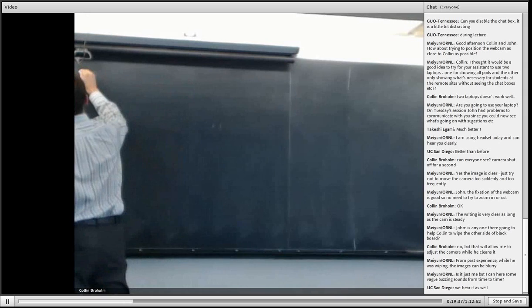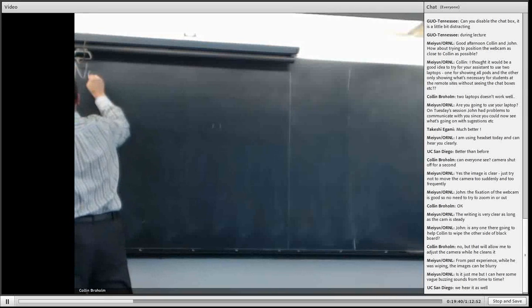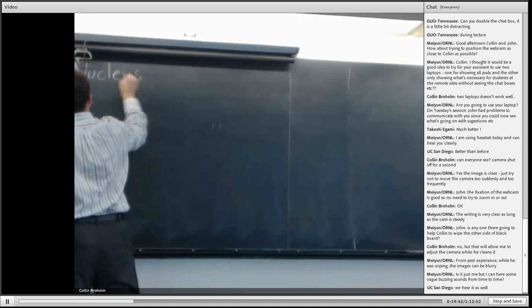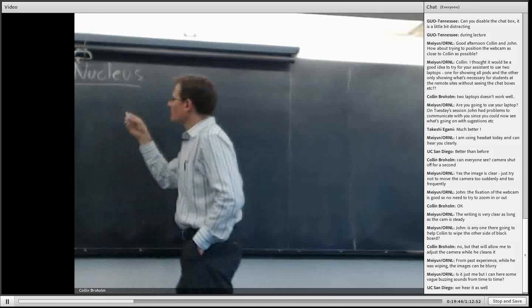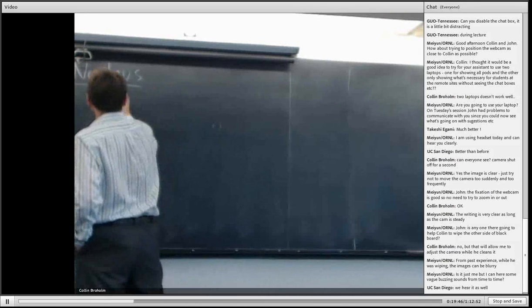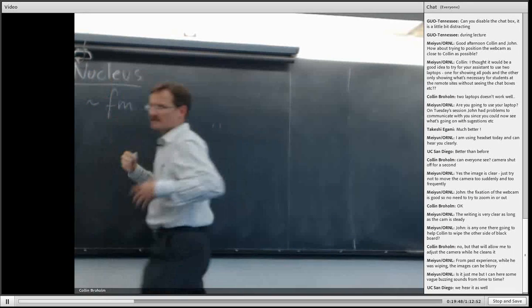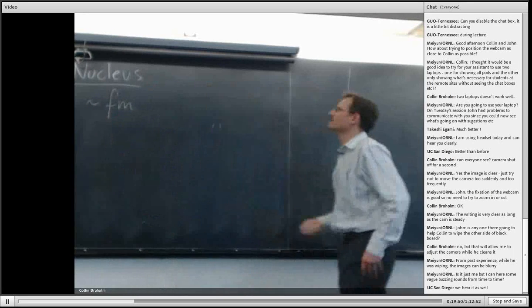And so the characteristic length scale that we're dealing with is the size of a nucleus. So scattering from a nucleus, basically. So the length scale that we're talking about here is going to be something on the scale of femtometer. That is sort of a characteristic size of the nucleus that we'll be dealing with.